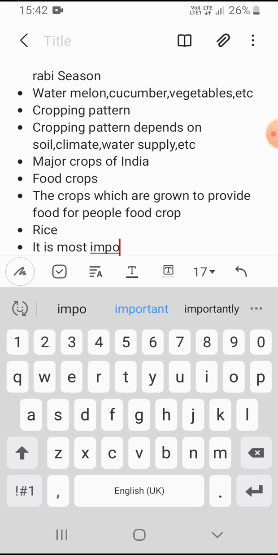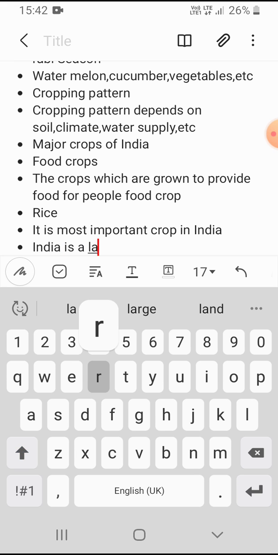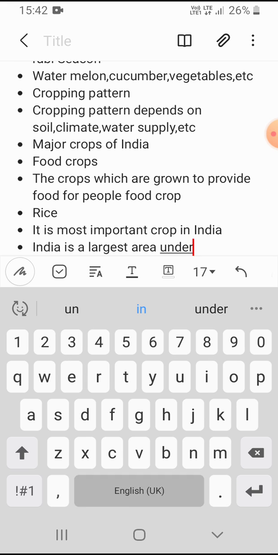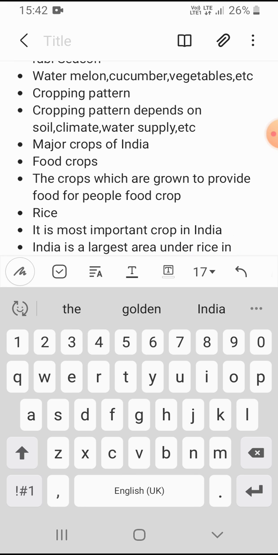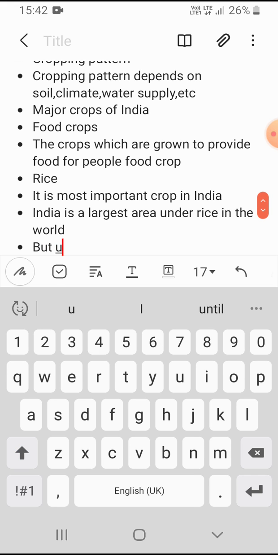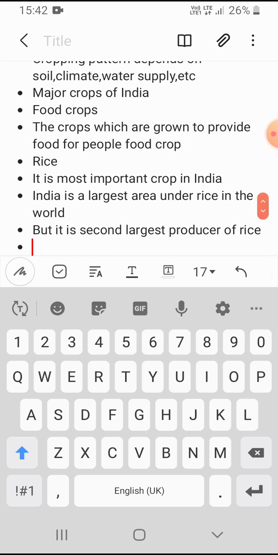India has the largest area under rice in the whole world, but it is the second largest producer of rice.